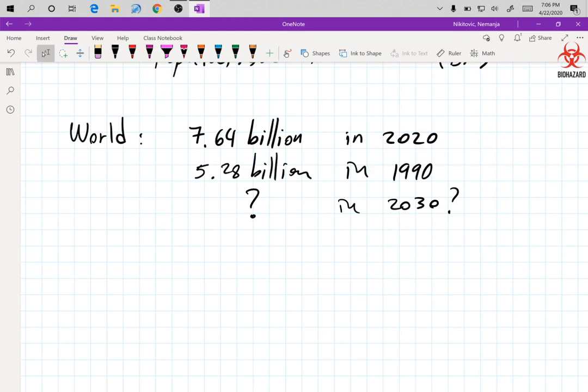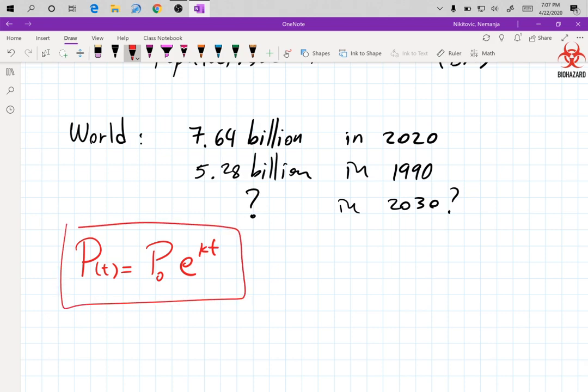So, first of all, my population model would be P of t is equal to P0 e to the kt. So this is the population. This is the initial population.